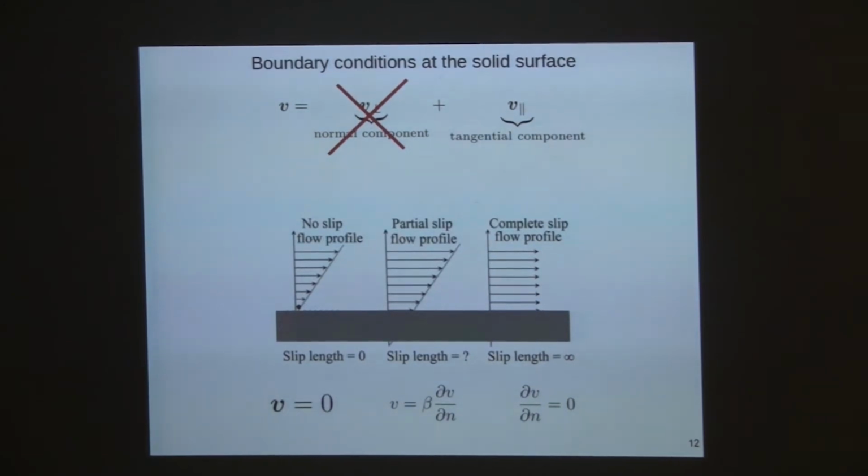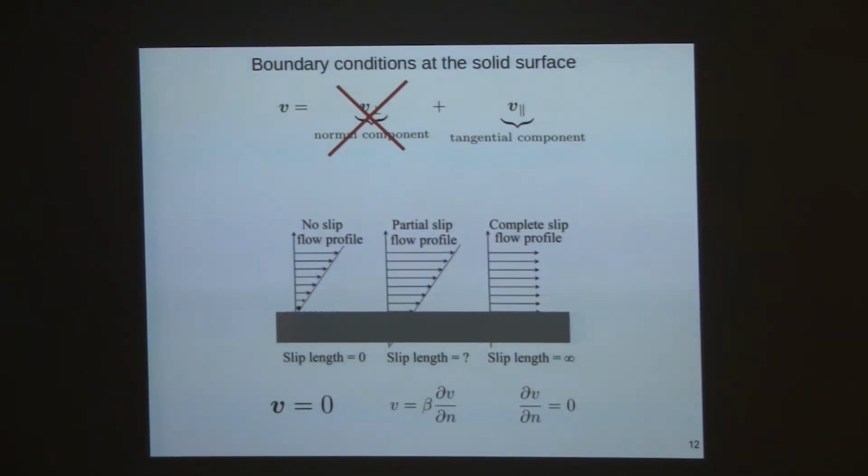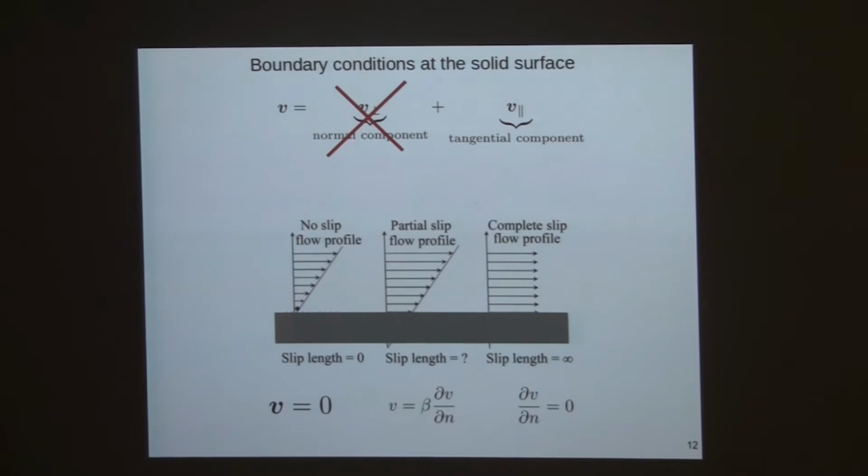So last thing for the modeling part, we need some boundary condition at the interface between the fluid and the solid, so at the solid surface. And this part is very important. So we need boundary condition for the velocity. So we decompose the velocity in two different parts.